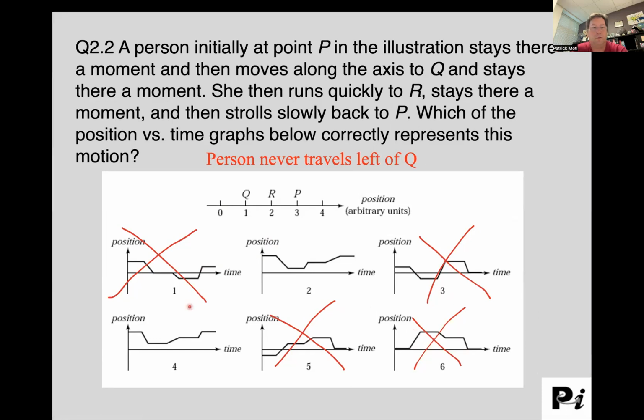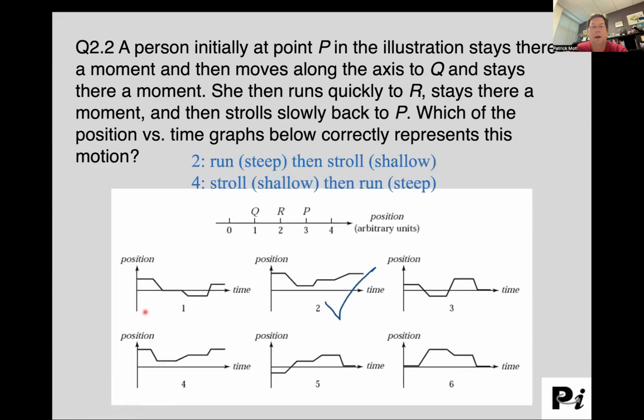So it can't be any of those. Now, the 2 survivors, we look at 4 and 2. In 4, in moving from Q to R, that is a shallower slope, and then from R to P is a steeper slope. So 4 is describing a stroll, then run.